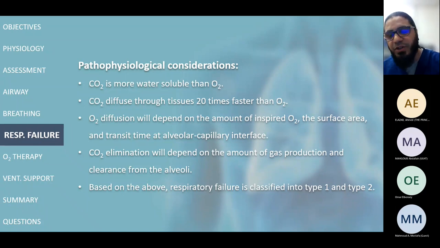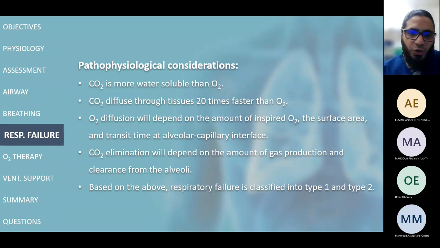The air in the alveoli needs to be renewed by inhalation of new air and exhalation of the old air. A defect in ventilation will cause retention of CO2. So based on the criteria of oxygen and carbon dioxide, they have classified respiratory failure into type 1 and type 2.